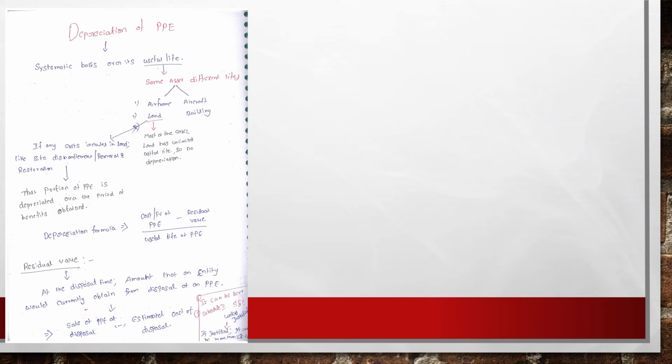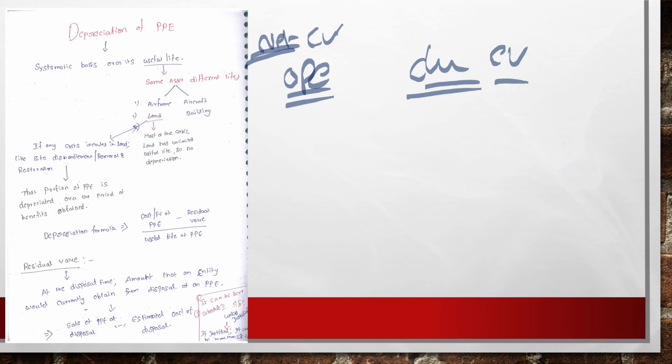And then net also will come: opening carrying value and closing carrying value. You don't need to show additions and deletions in the carrying value. So this is how you should show your PPE schedule.